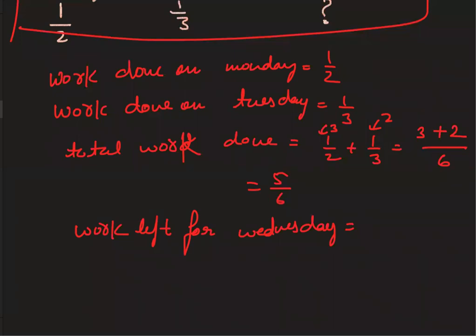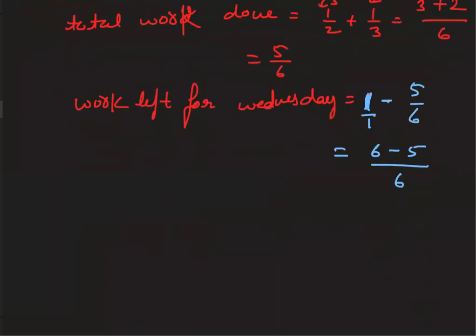This is the question. Always consider the total work 1. हमेशा total work जो होता है वो 1 होता है. ठीक है, तो 1 is the total work minus 5/6. Now find the value. Take 1 in the denominator of 1. LCM of 1 and 6 is 6. 6 minus 5. So what is the answer? 6 minus 5 is what? 1/6.